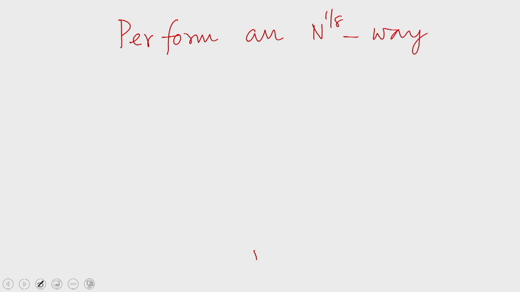So step 2 in fact could be specified like this. What we do is to perform an n power 1 by 8 way unshuffle of the columns.